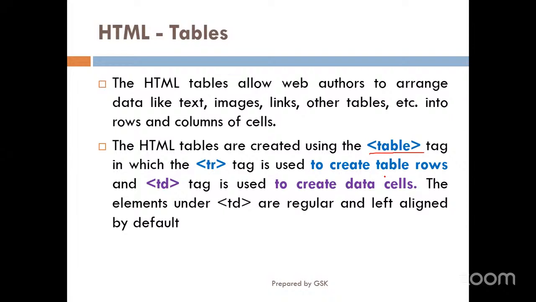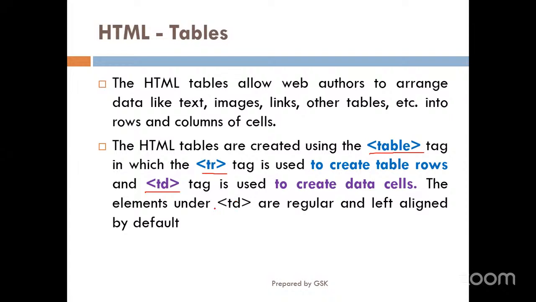The tr tag, table row, is used to create the table rows. Within the table rows, we use td tags, table data. Whatever data you want to store in that cell, we can specify it in the code with the help of the td tag.